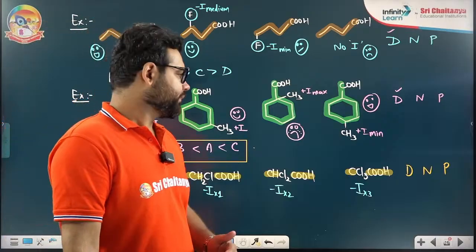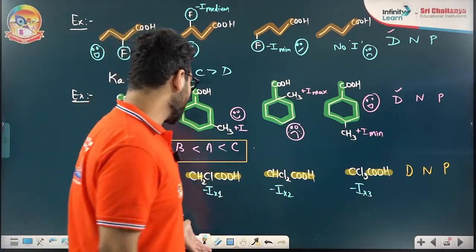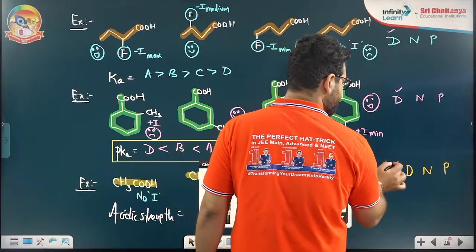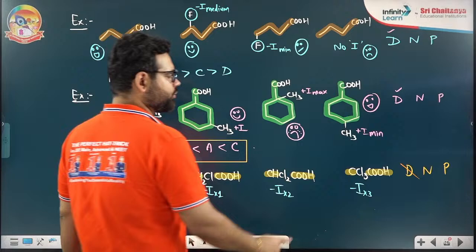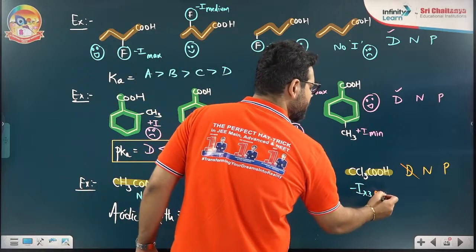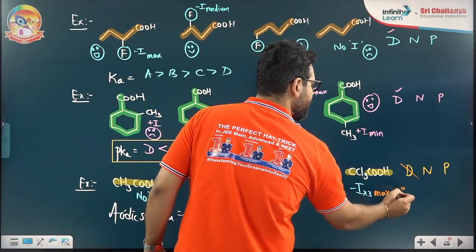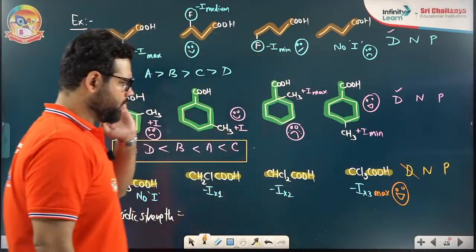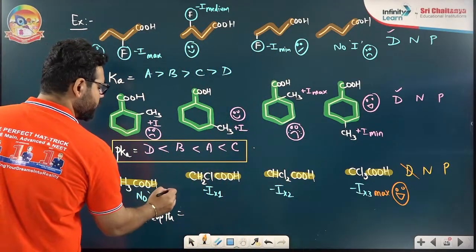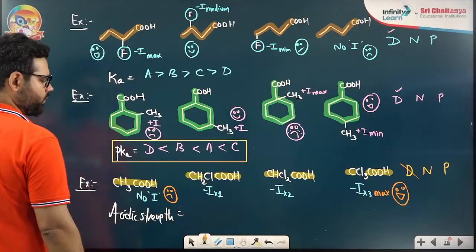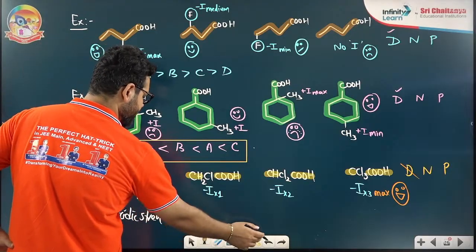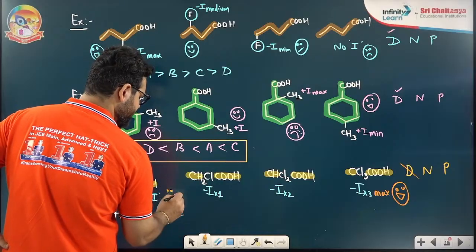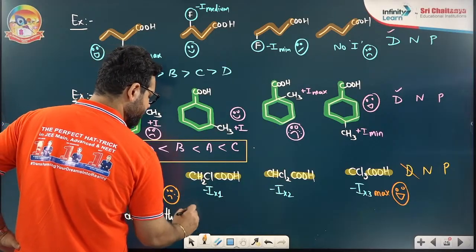So whenever the distance is the same, everywhere chlorine is attached to the second carbon, distance cannot get the answer. Number will get the answer. So 3 times -I becomes the maximum -I, making it a very happy acid. And this is the worst because there is no -I. So the answer will be A, B, C, D. That's correct. Strength will be A, B, C, D, D being the best.